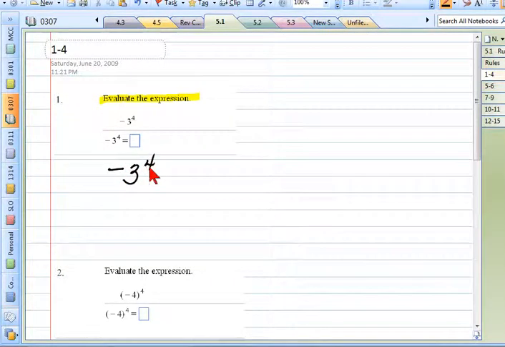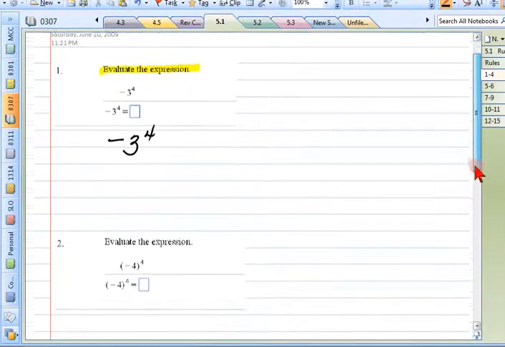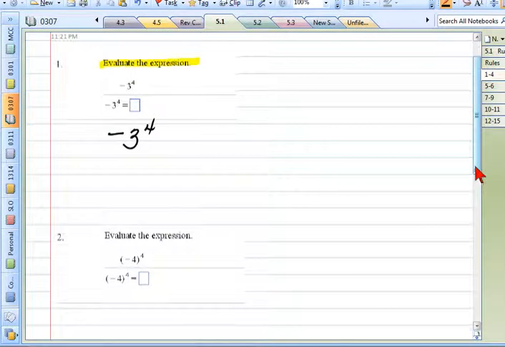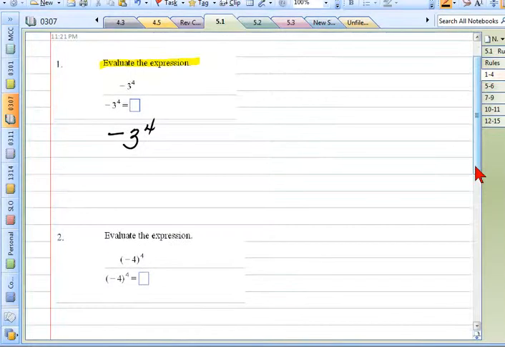If you happen to have had Math 301 with me, I know we've had this discussion before. Negative 3 to the 4th power. Do you know what the base is for that exponent? It actually is positive 3.